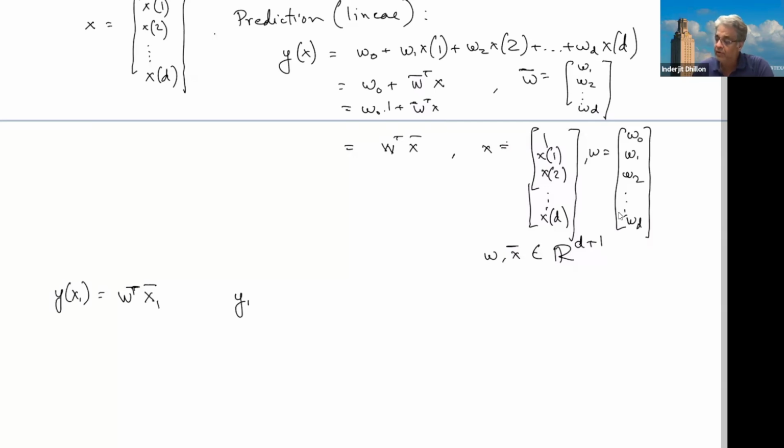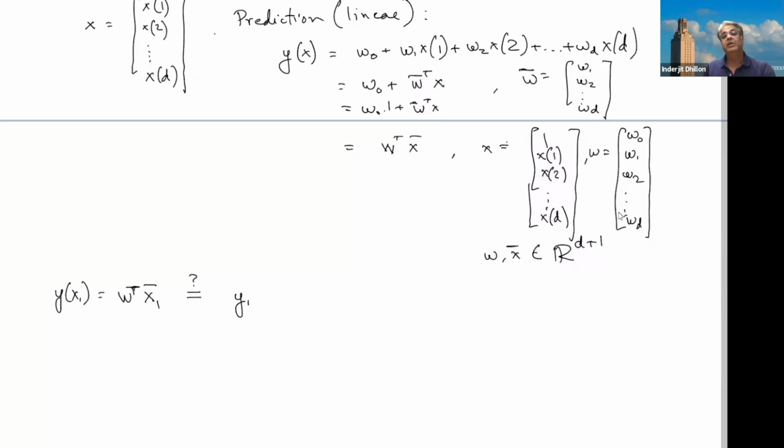Now, one question that you should think about is, do you want this to be exactly equal or not? So think about the case where n is in the millions. Typically, my d will be fixed. So let's say d is 10, right?